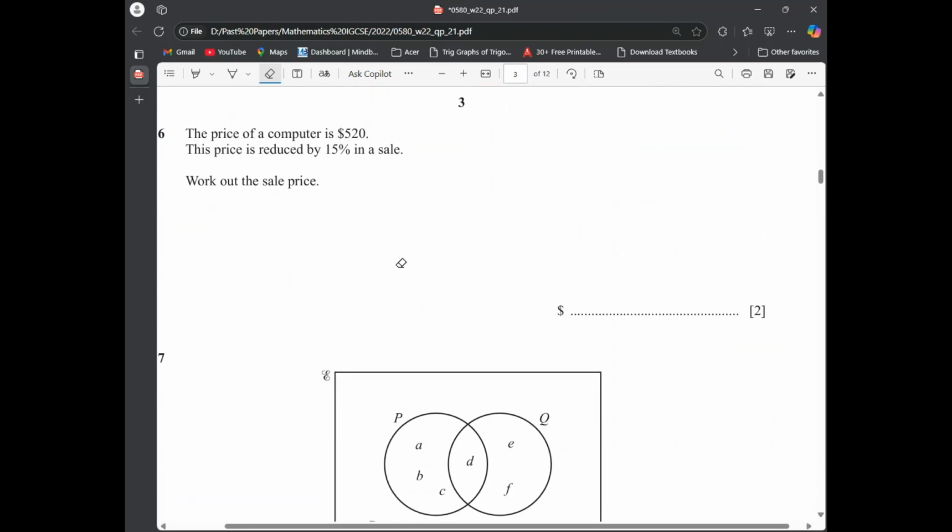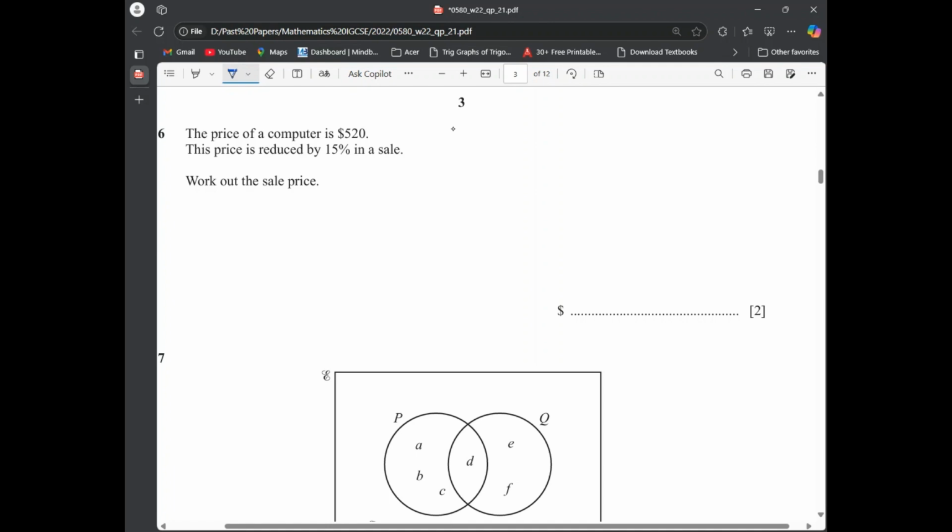Question 6. The price of a computer is $520. The price is reduced by 15% in a sale. Work out the sale price.